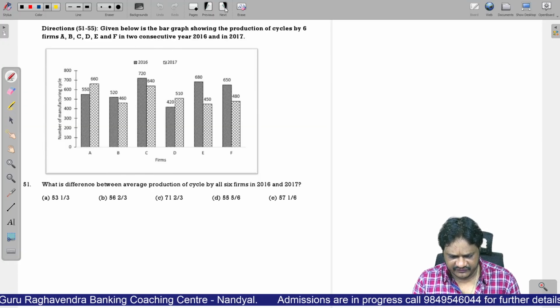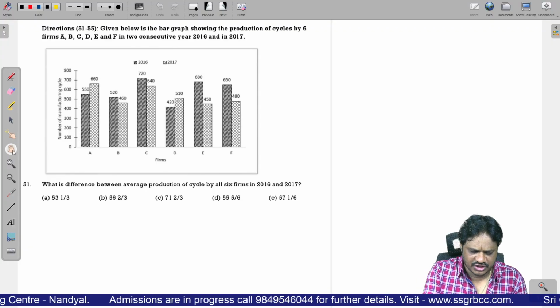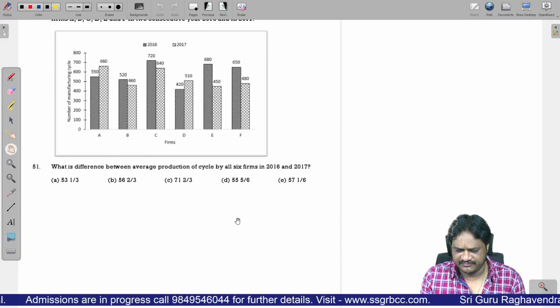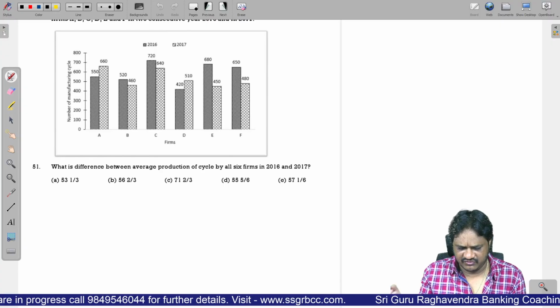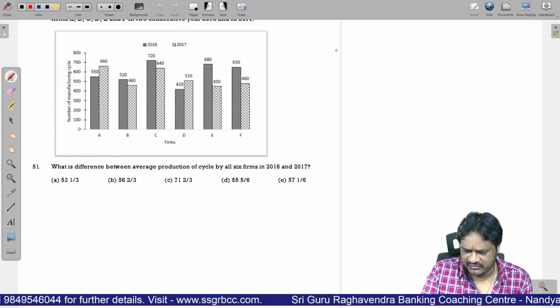51 to 55. Given below is the bar graph which shows the production of the cycles of 6 firms A, B, C, D, E, F in 2 consecutive years, 2016 and 2017. Now, what is the average production? First of all, we will draw one table.